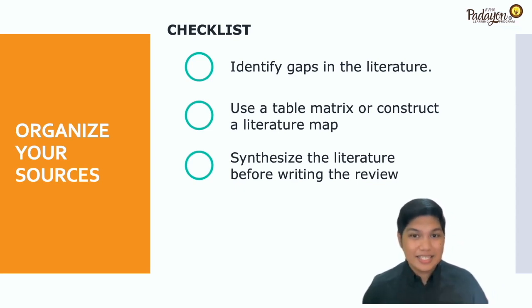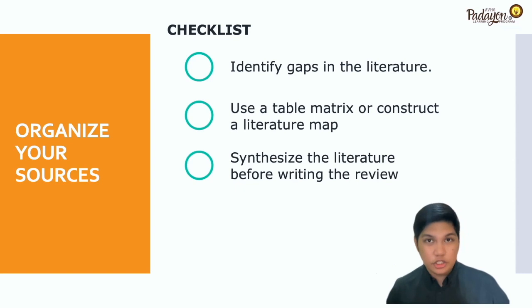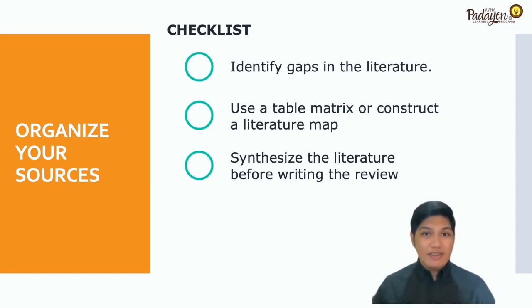And lastly, synthesize the literature before writing the review. So what do we mean by synthesizing the literature? The moment you have identified your top 10 sources, okay? Or top 10 or top 15, top 20, whatever. Your goal is that for every article, you have to synthesize it.